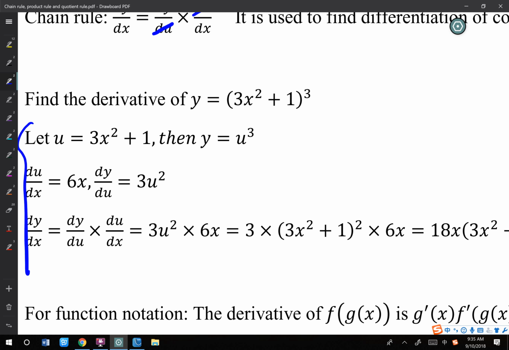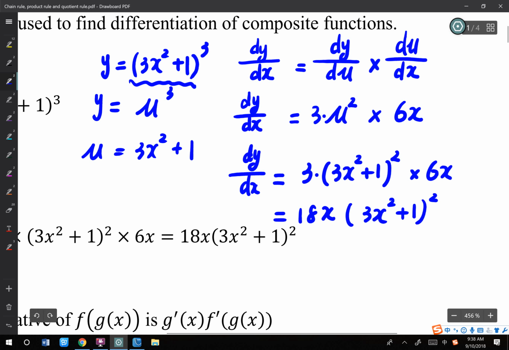So what's the idea for chain rule? Chain rule is for when we can't differentiate something directly, or it's very hard to differentiate directly. I want to introduce a new variable to replace the complex part, and then simplify the way we differentiate. For example, this is something to the power of 3.